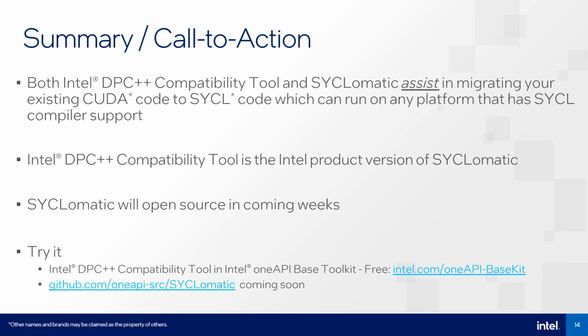The Intel DPC++ Compatibility Tool is the Intel product version of SYCLomatic. SYCLomatic will be open sourced in the coming weeks. Just give a try on the Intel DPC++ Compatibility Tool and SYCLomatic. SYCLomatic will be available on GitHub in the coming weeks.